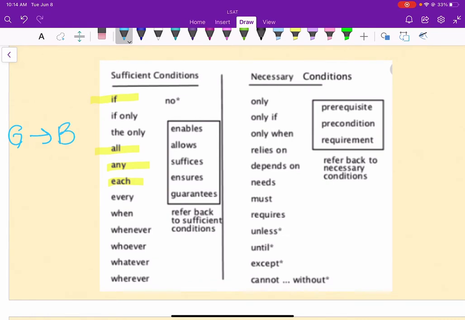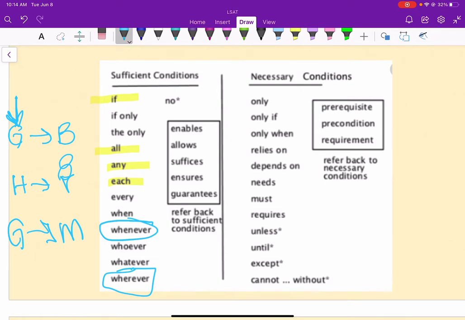So I know that if you are any person that goes to the gym, that's enough to trigger feeling better. Or what about if I said whenever? So whenever it is hot outside, we must get ice cream. Or I could say wherever. So wherever there is grass, you must mow.